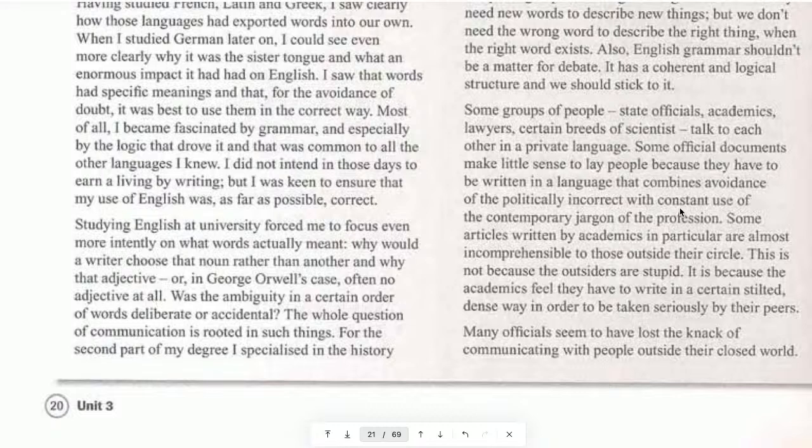If you read the next sentence, some official documents make little sense to lay people, because they have to be written in a language that combines avoidance of the politically incorrect with constant use of the contemporary jargon of the profession. It doesn't say anything. It doesn't explain the reason why they have to use their private language.